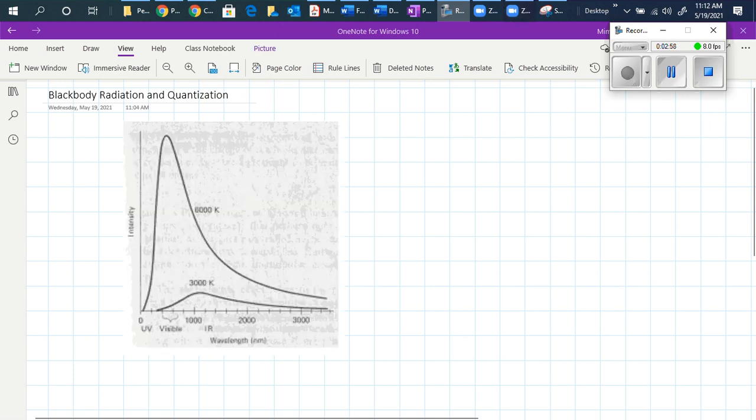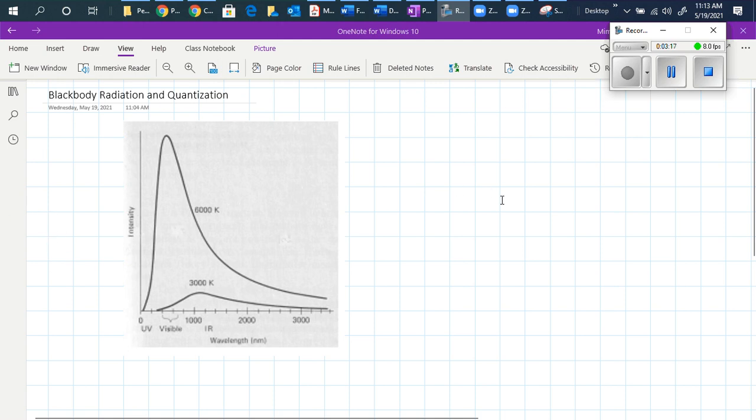The curves of light intensity versus wavelength for different temperatures are called the blackbody radiation curves. The term blackbody was introduced by Kirchhoff.